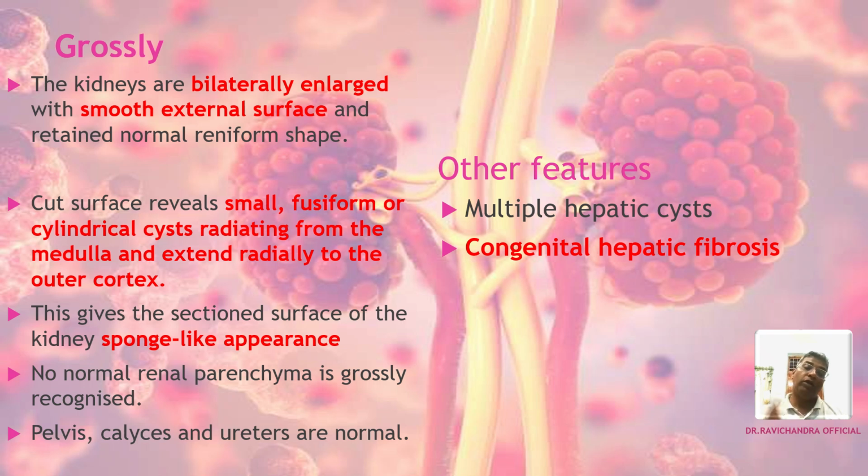So, from medulla to cortex, these cysts will be radiating, and this will give a sponge-like appearance on section. No normal renal parenchyma is grossly recognized in infantile polycystic kidney disease. Pelvis, calyces and ureters are normal.